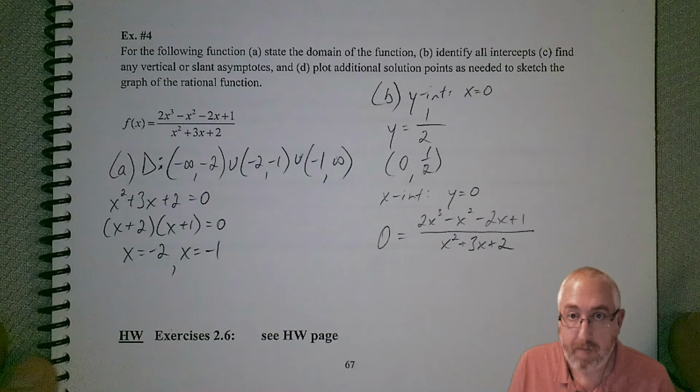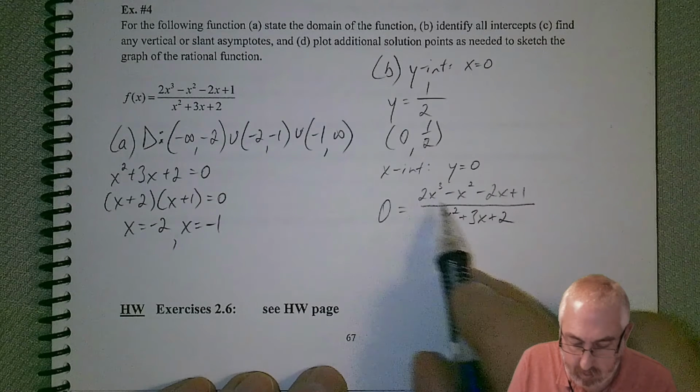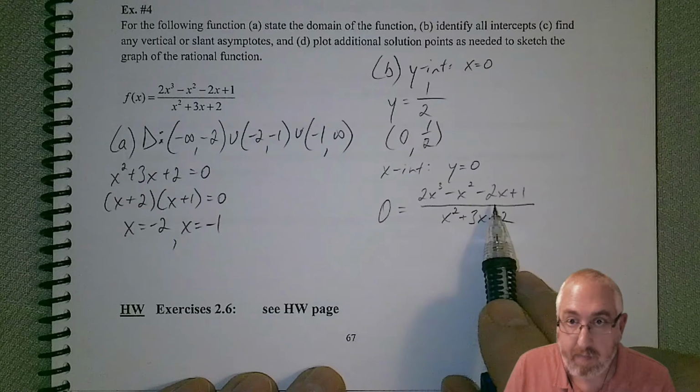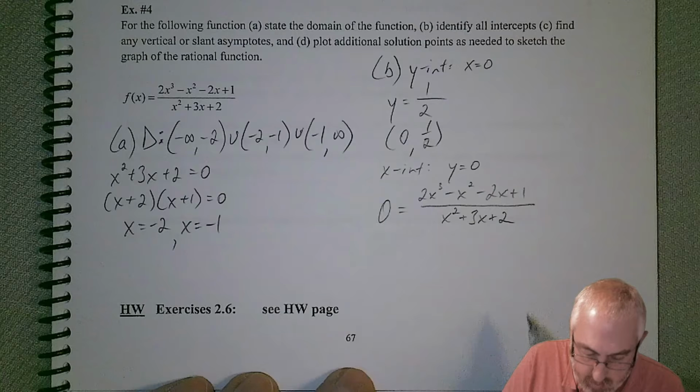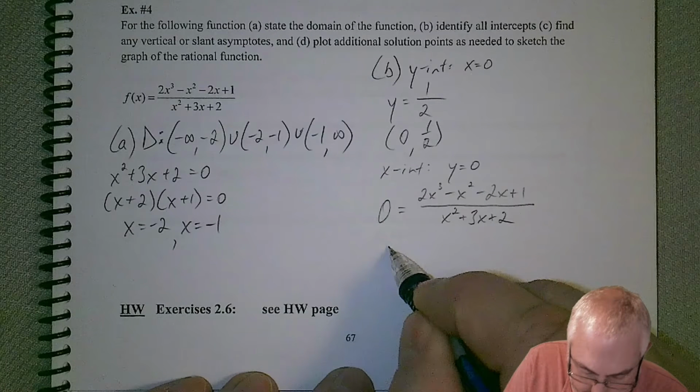So if we make the top equal to 0, I think we might be able to do a little bit of factoring on that. We can do some factoring by grouping. Now, I like my 0 on the other side, so I'm just going to flop this around.